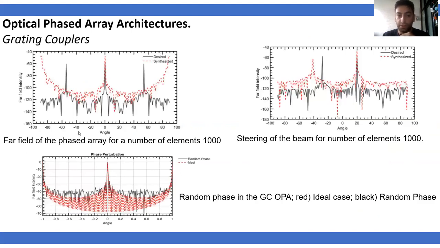Next, the steering and random phase perturbations were also simulated for the grating coupler optical phased array. Here, the ideal case is the red one, and the black case is the random phase, and also the steering capabilities were simulated for the number of grating coupler elements, 1,000.